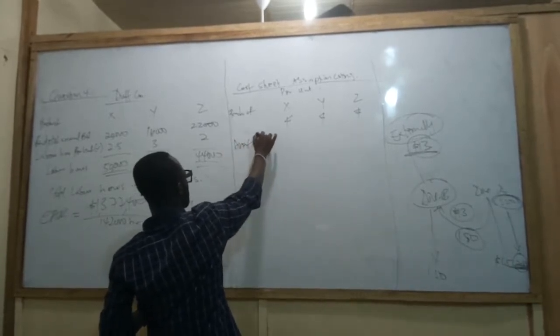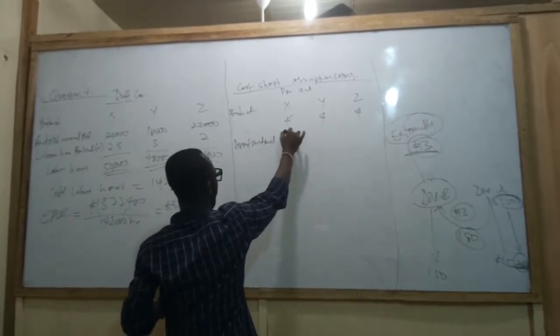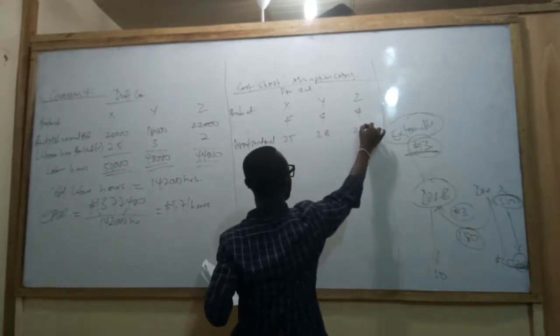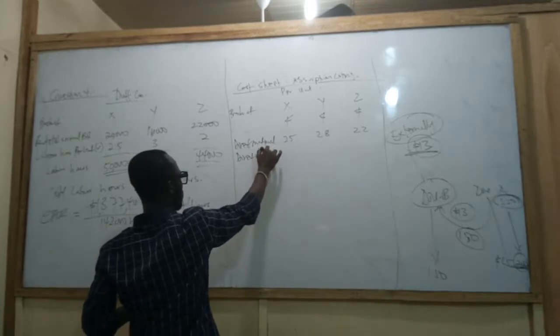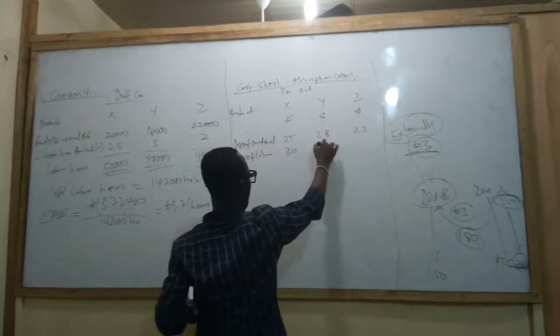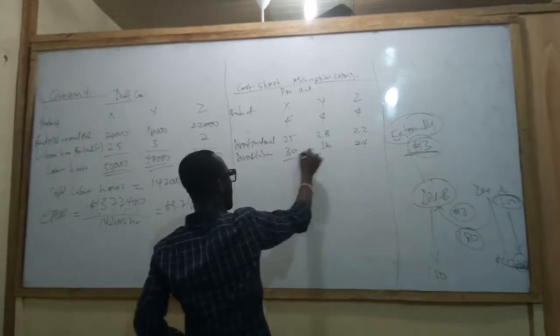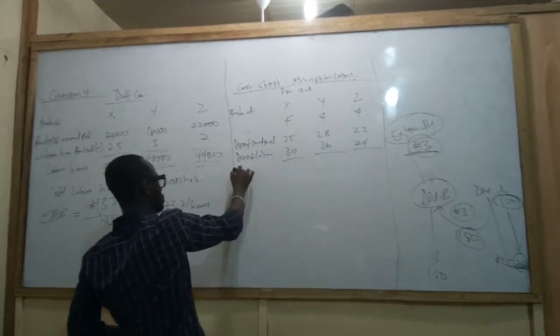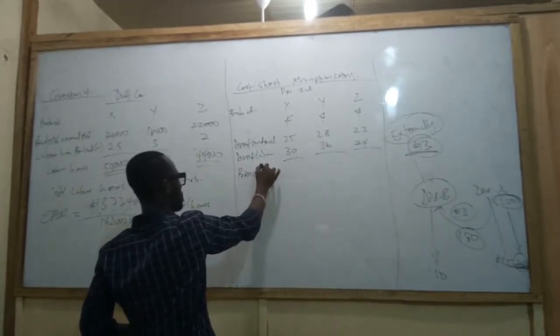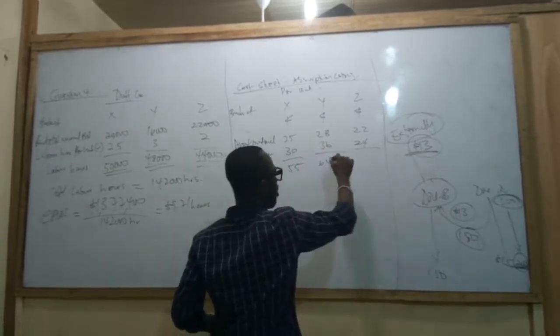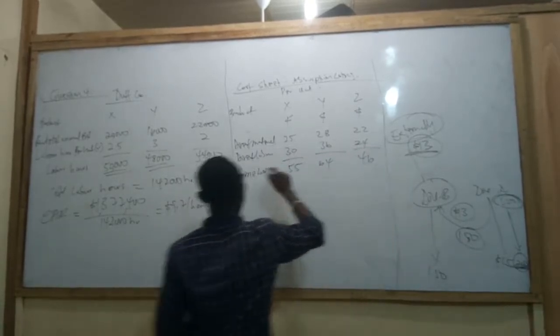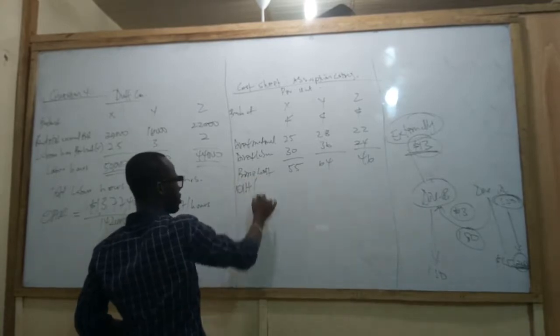How much? 25. Direct labor, 36. We get what? Prime cost: 55, 64, 46. Then we bring what?